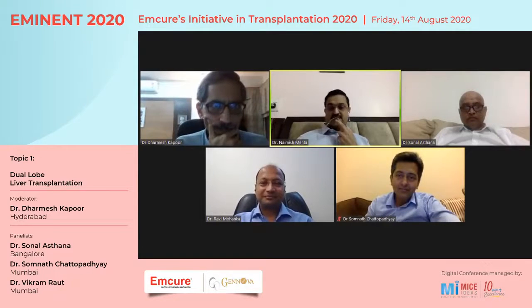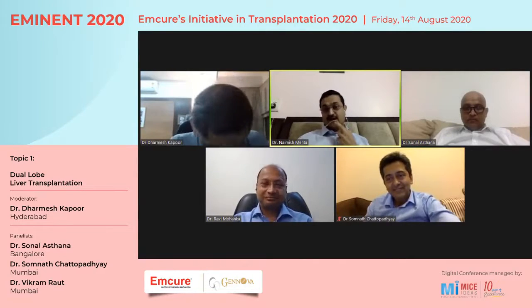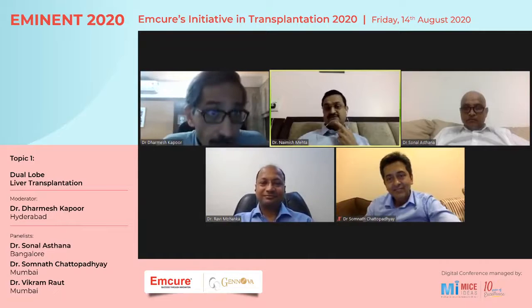But I have my reservations, and I'm not sure if any other centers would be happy taking a 70% steatotic graft, using 2 donors, and putting it in the recipient. So they have pushed the boundaries of dual lobe. It is not only for the low GRWR now. They are using these grafts with steatosis, where a single graft would not have been sufficient.